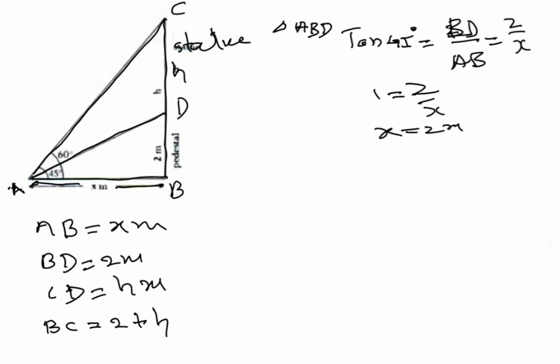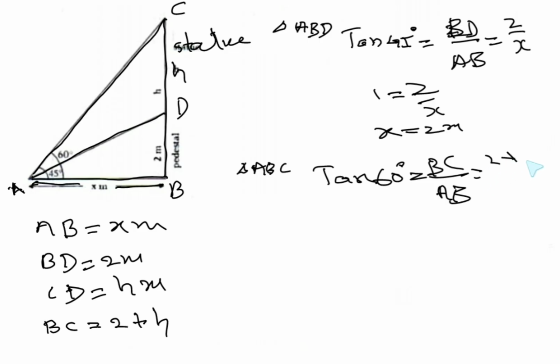We need to find CD. Now apply tan 60 from triangle ABC. Tan 60 is equal to BC by AB. BC we know is 2 plus H, and AB is equal to x.